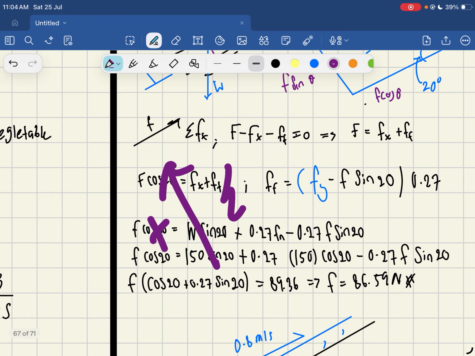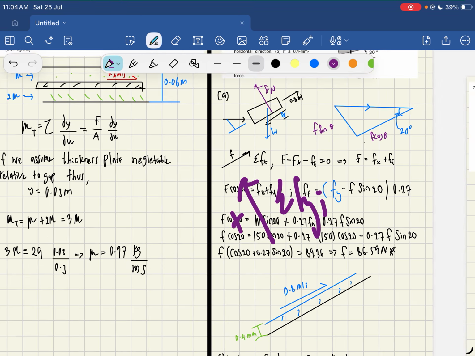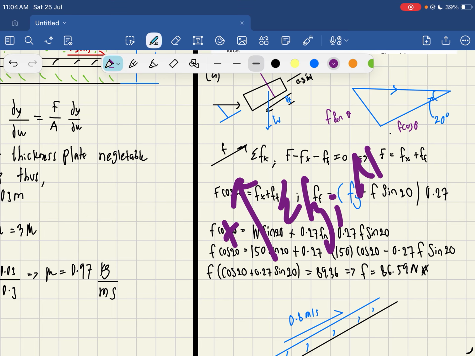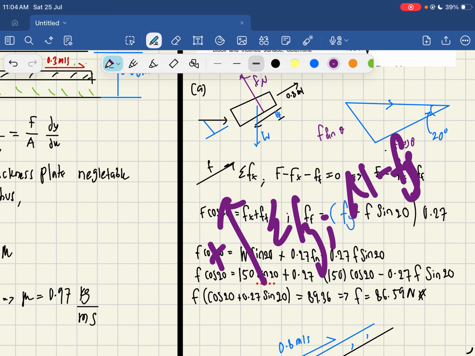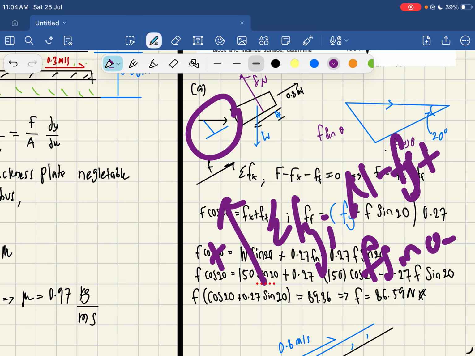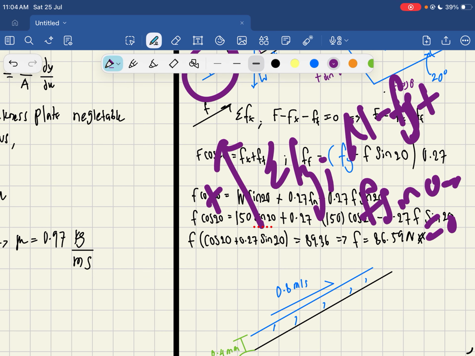For example, in the y component, you will get N plus the F sine 20 minus the weight in y component equal to 0, because in the y direction there is no movement.